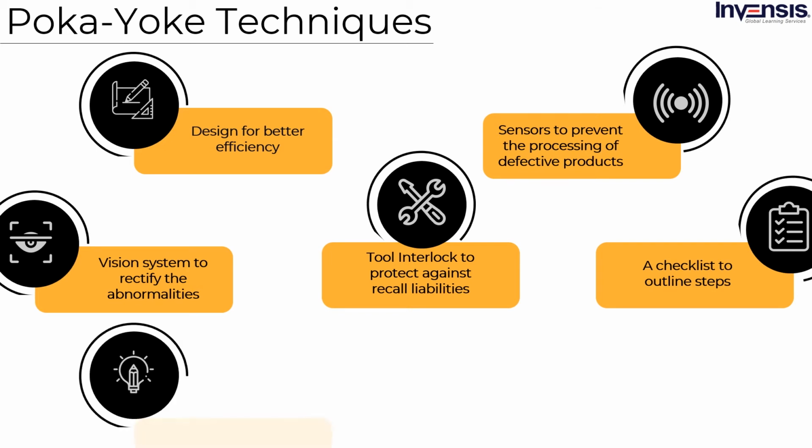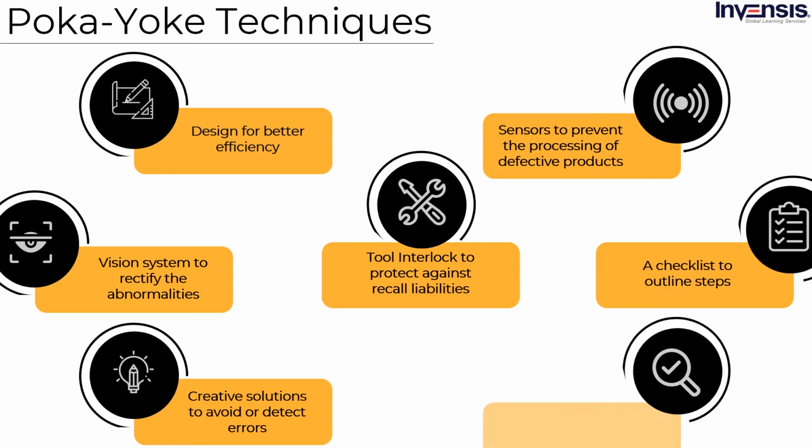Next, we have creative solutions to avoid or detect errors. By doing this, elimination of defects can happen, which directly leads to producing better quality products. The last technique of Poka-Yoke would be verification to avoid rework processes in manufacturing. It is better to verify and evaluate each process, so there will not be room for waste production.